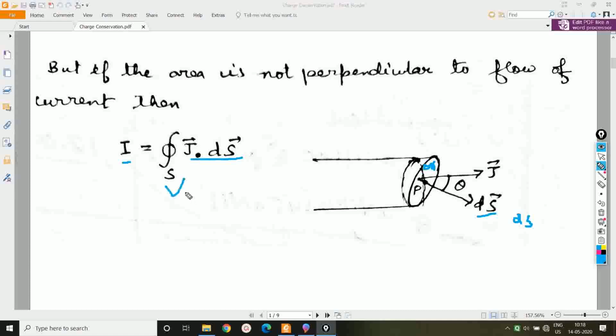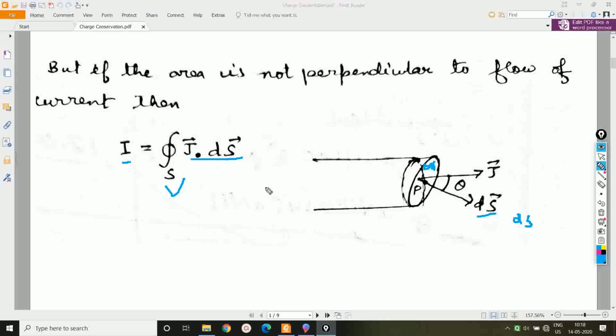Now the integration over the surface will come when you have a big surface and dS represents only a patch area of the surface. In other words, I will be just equal to J dot dS in this type of scenario, that is the diagram which right now I am showing.